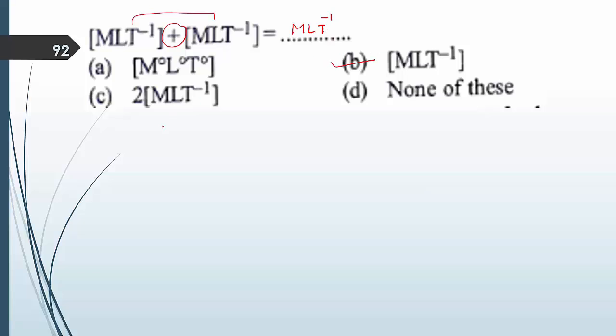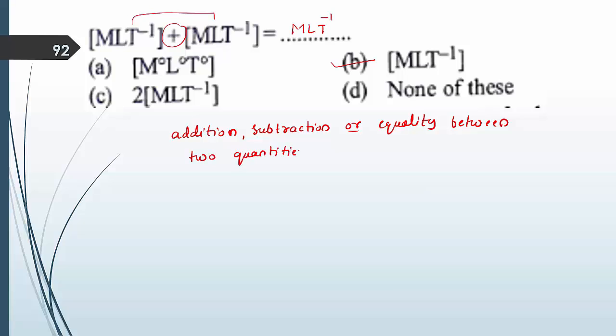Option B is correct. Remember this condition for addition, subtraction or equality. Addition, subtraction of or equality between two quantities of same dimensions are possible.